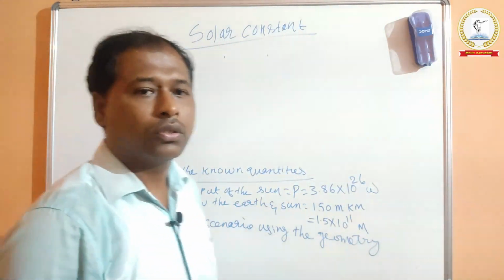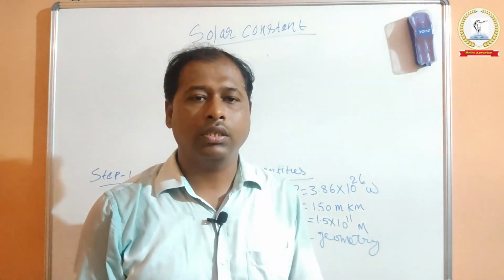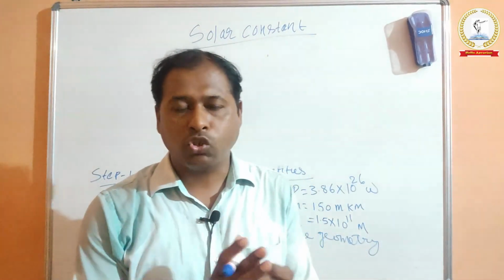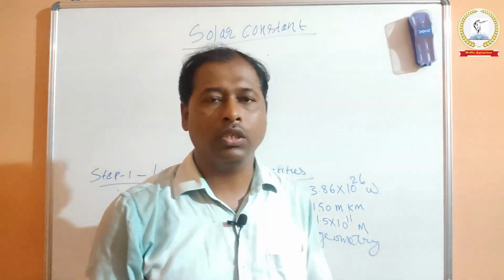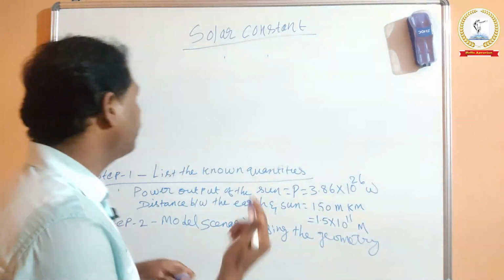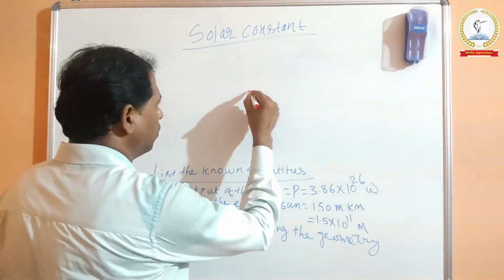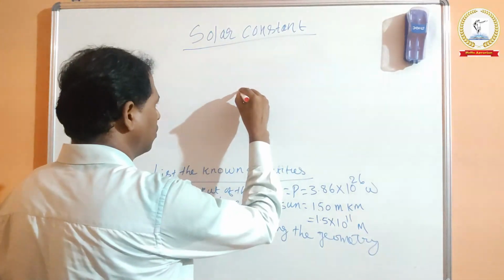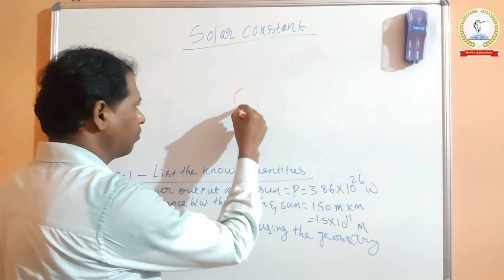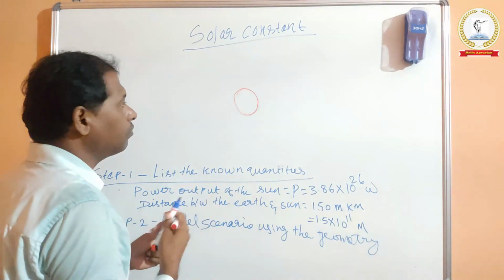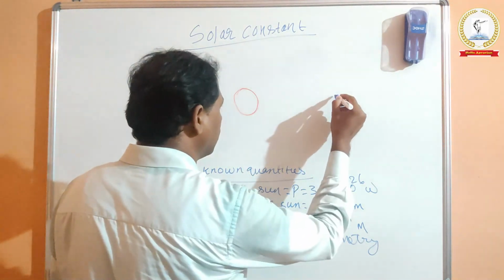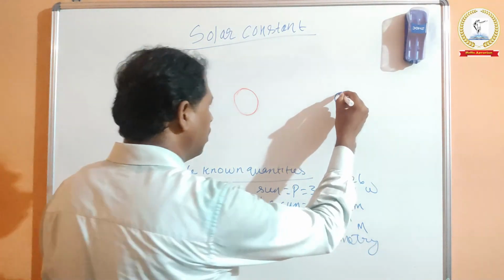As light releases from the surface of the sun, it begins to spread out uniformly through the spherical cell. For example, this is the sun and this is the earth.